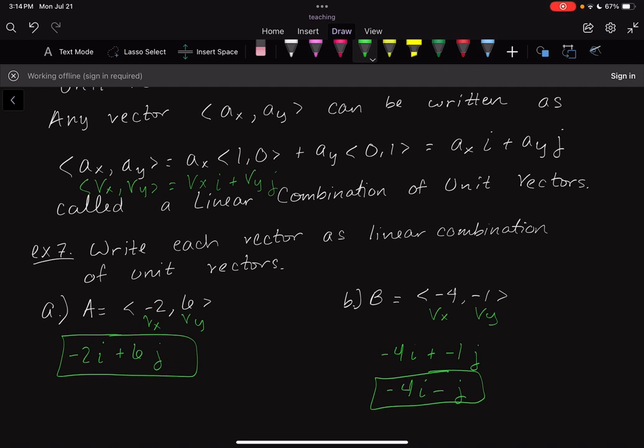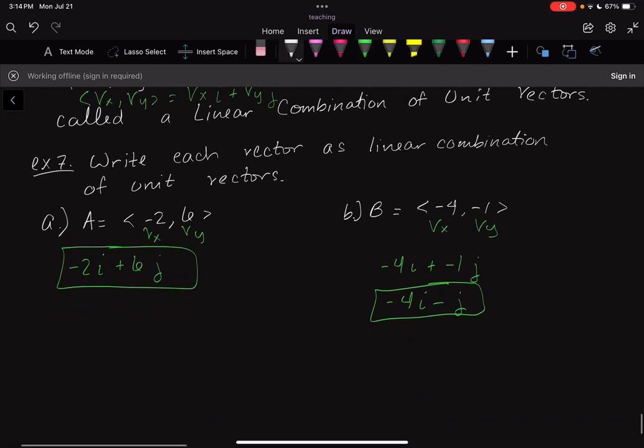Now I want to show you one more question of this type, kind of bringing it back to what we did earlier, where maybe we're given r and theta. So let me give you a longer example.